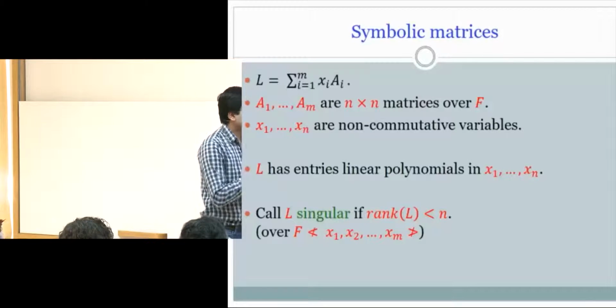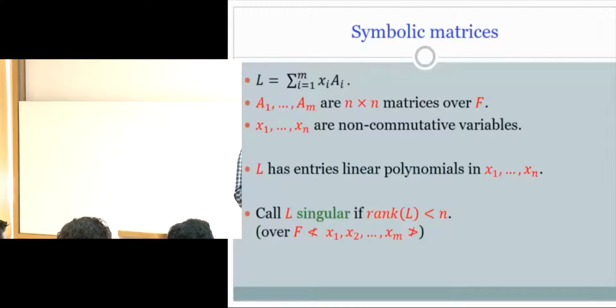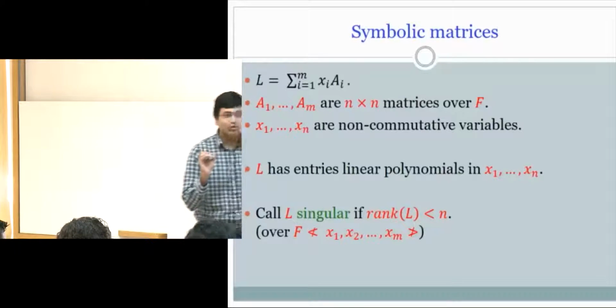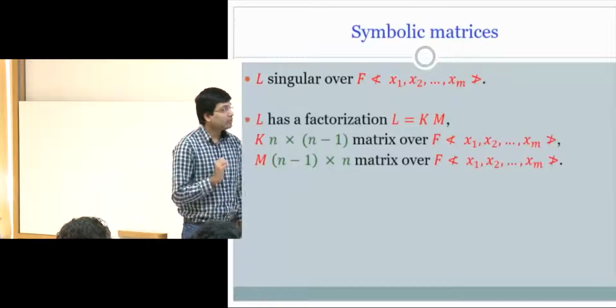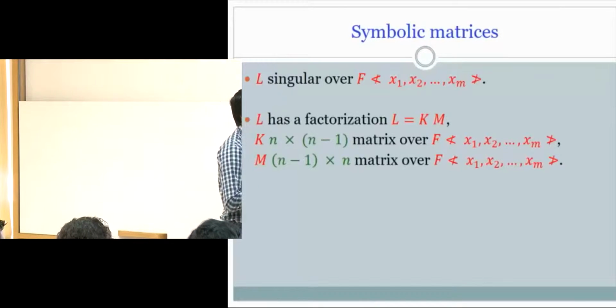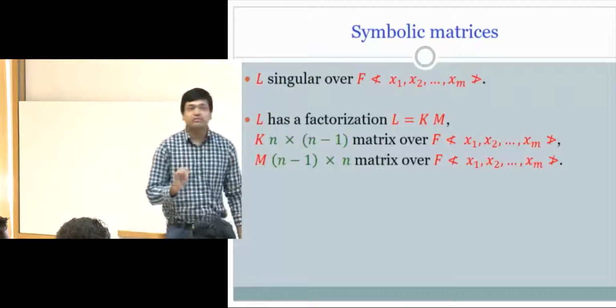We'll call such a matrix singular if its rank over the free skew field is smaller than n. What does that mean? The rank is smaller than n if this matrix has a factorization into K times M, where K is an n by n minus 1 matrix, M is an n minus 1 by n matrix, and the entries of K and M are non-commutative rational functions.